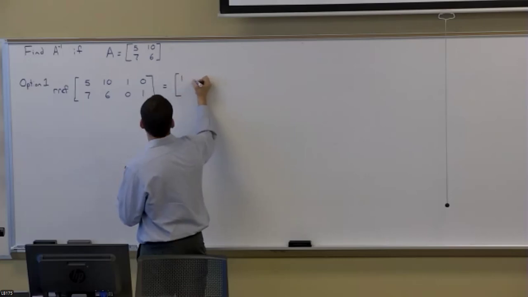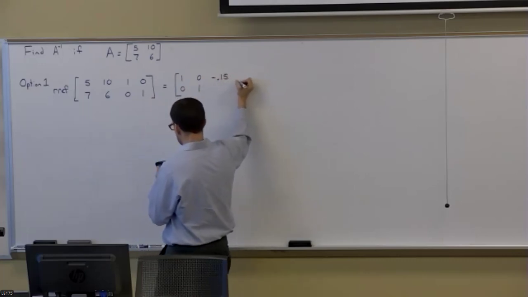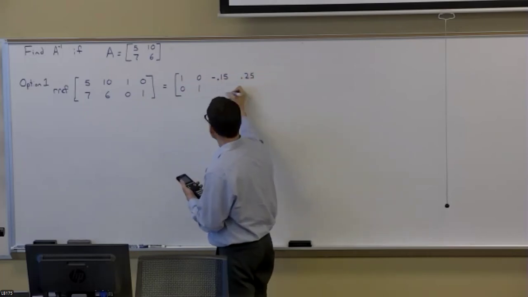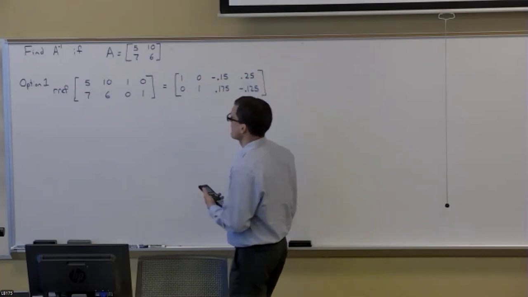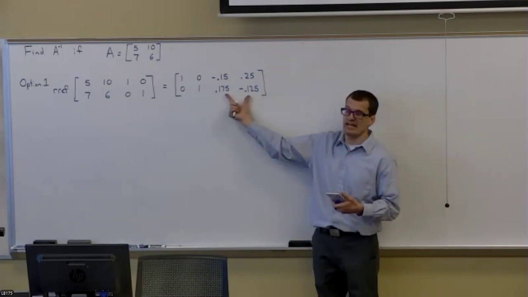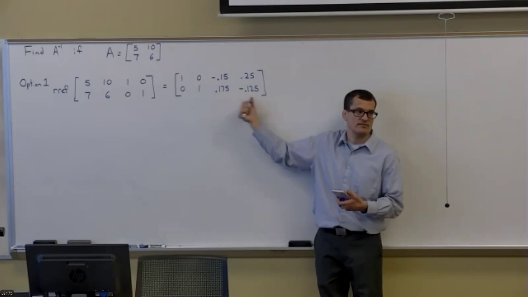And what we get is 1, 0, 0, 1, and then negative 0.15, 0.25, 0.175, negative 0.125. So that's option 1. And this would have been my A inverse. We'll talk about that in a second.